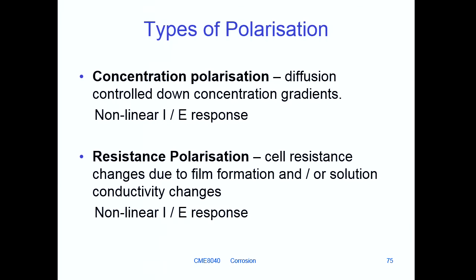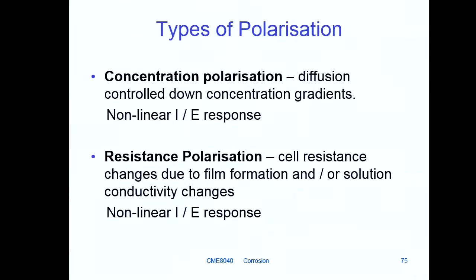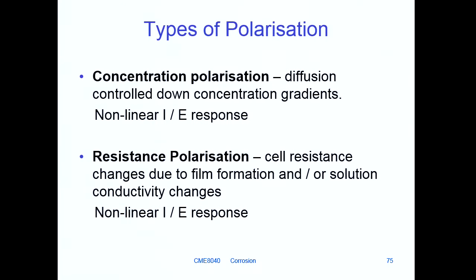And then the resistance polarization, well, if you're using Ohm's law, I equals V over R, clearly if R changes, then the IV response is not going to be linear. And the R will change because corrosion products will build up on the surface of the electrode. So you might get filming, you might get passivation, perhaps, depending on the system.